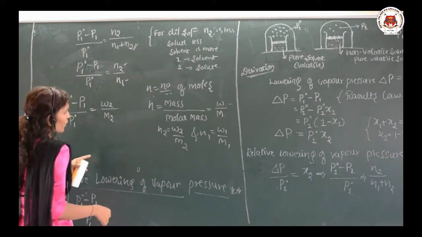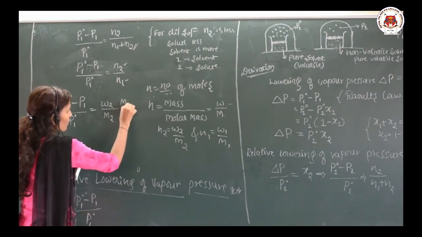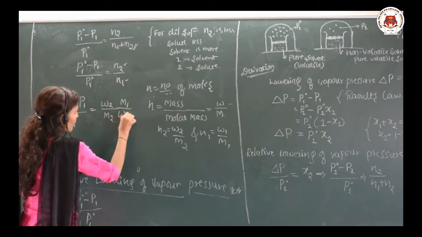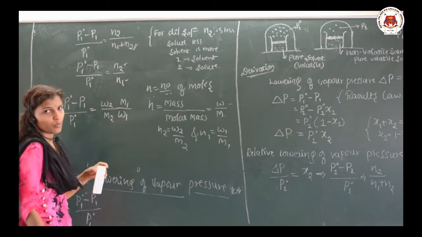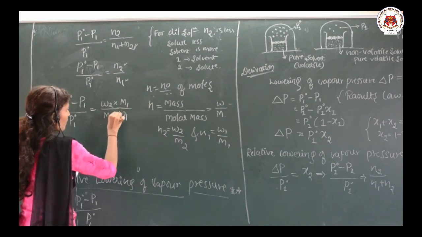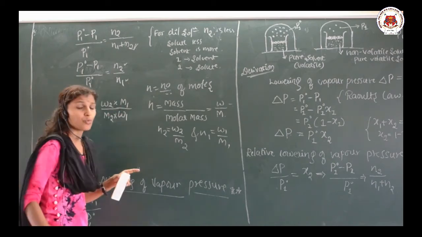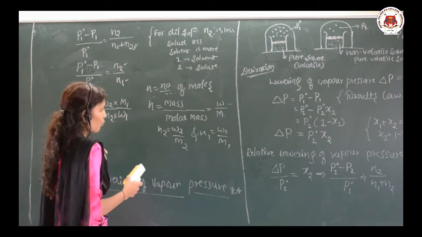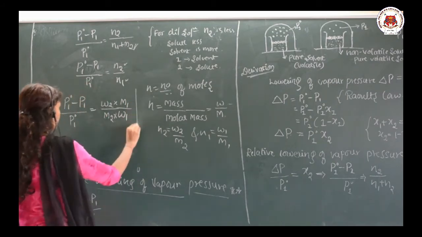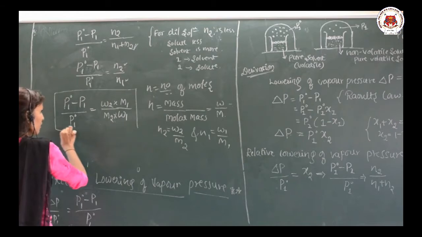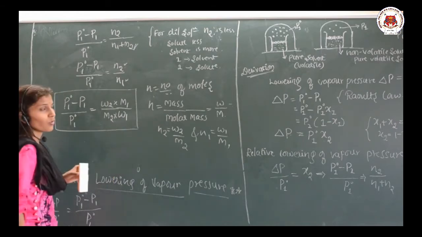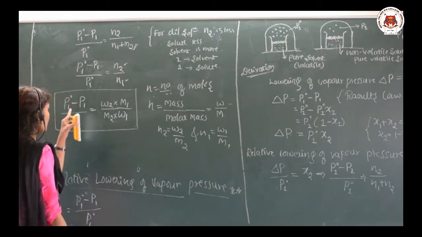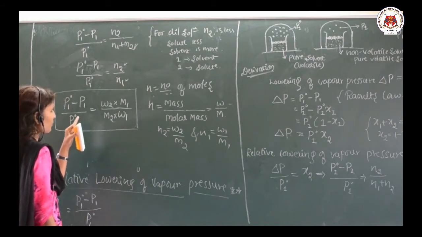What happens? It goes upside, and here it will be W1. W2 into M1 divided by M2 into W1. So this is the expression for the relative lowering of the vapor pressure.